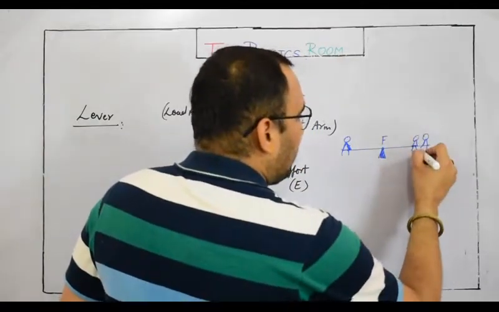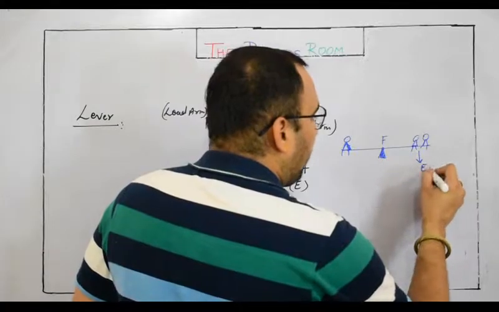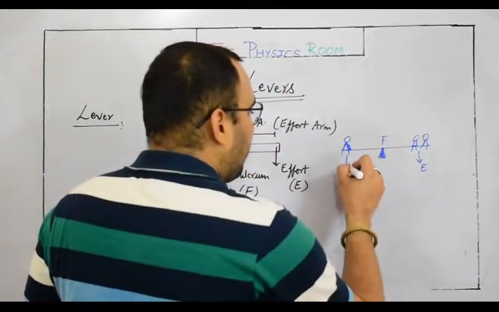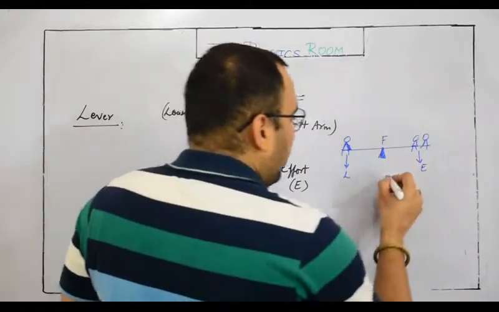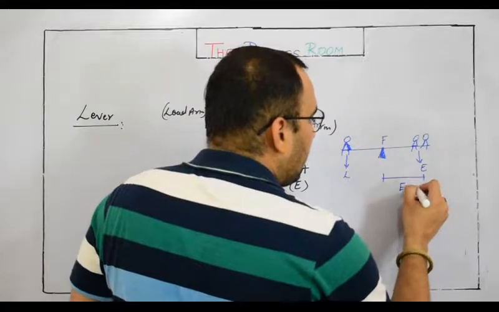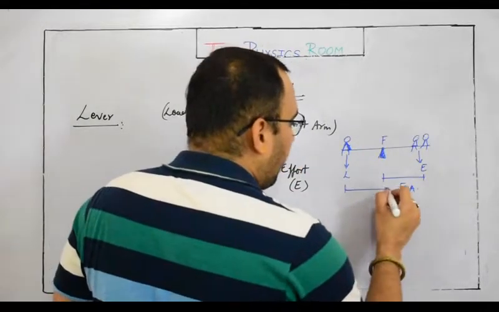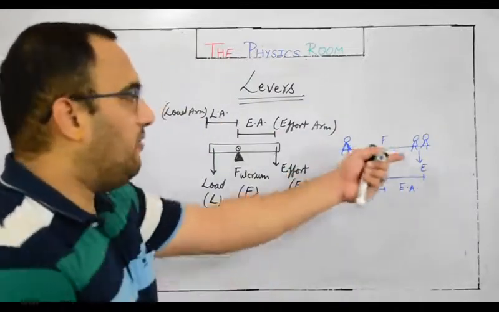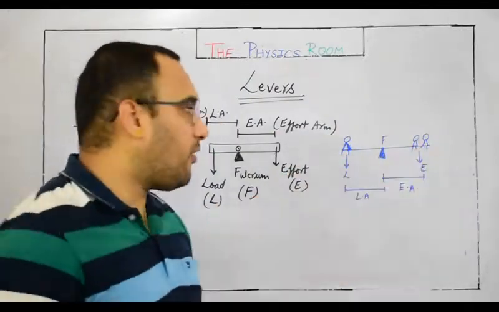In that case you are putting an effort E on one end, and the other student is being treated as a load, capital L. The distance from you to the fulcrum is called the effort arm, and the distance of that student from the fulcrum is called the load arm. So this seesaw is an example of a lever.